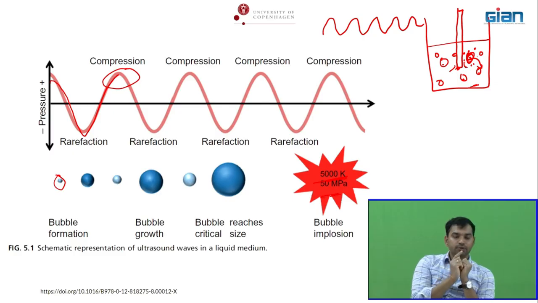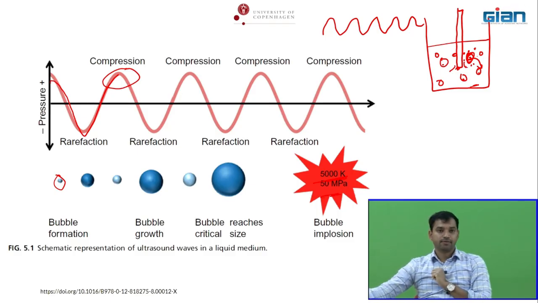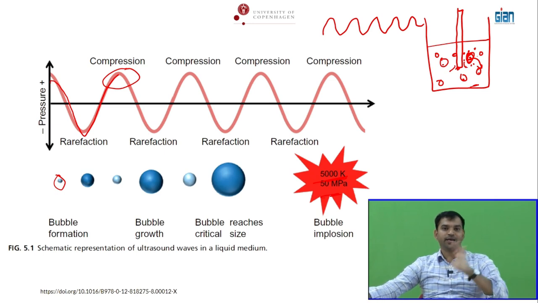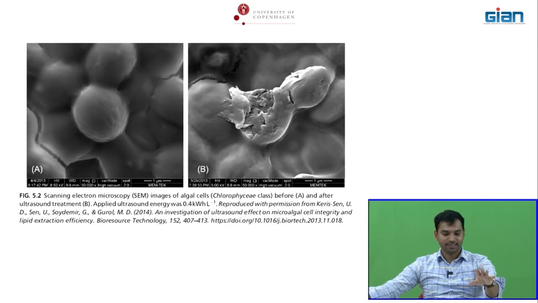So ultrasound is nothing but an extraction assistance. It's not a real extraction, I would say. It assists the extraction by breaking down the cell walls or plasma membrane, whatever it is. Clear? Any question? It's the simplest way I can explain this ultrasound. I can go deeper into the subject, but that's not needed, okay?